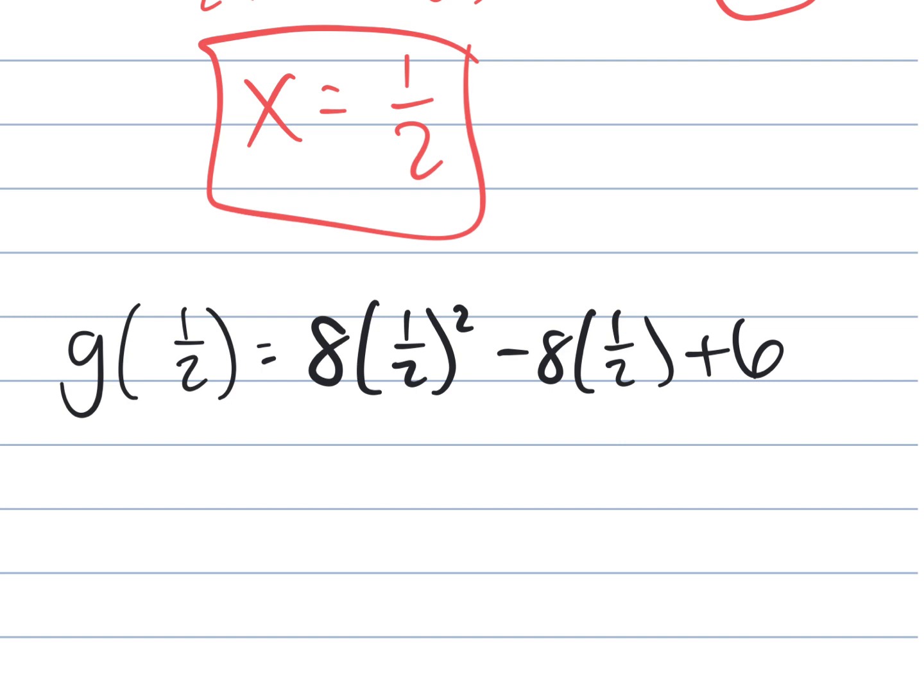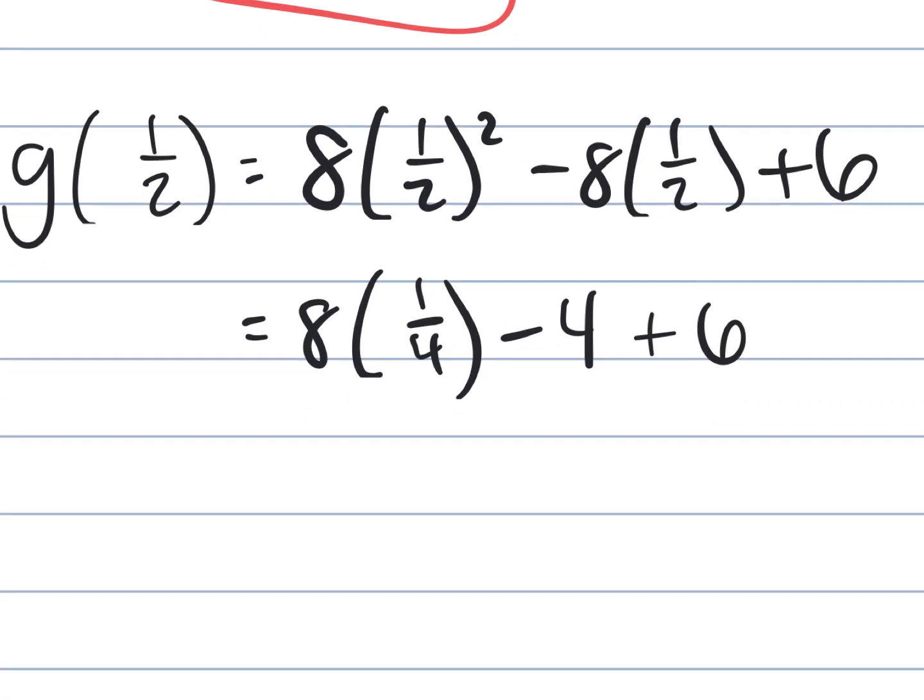What do I do? Caitlin. Excellent. 1/2 squared is going to be 8 times 1 over 4 minus. What's half of 8? 4. Excellent. Plus 6. Now, what's the fourth of 8? 2.